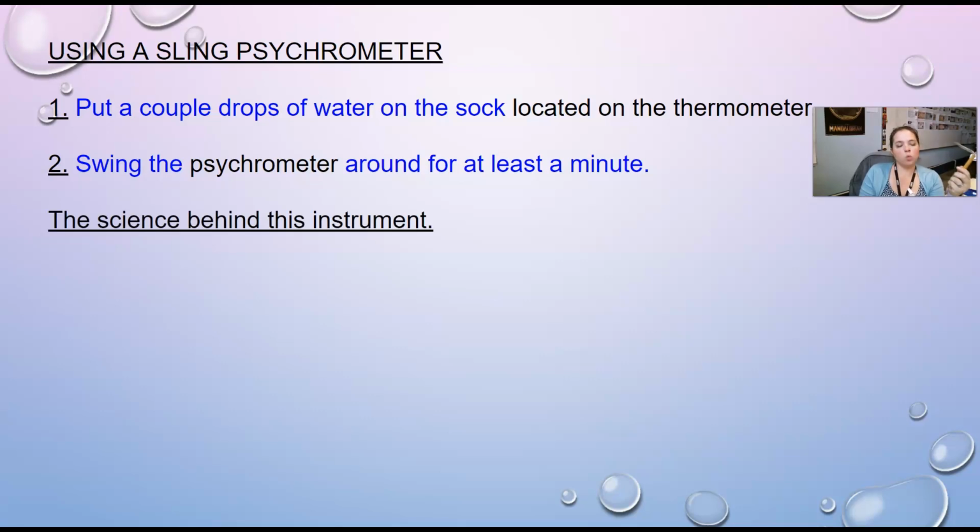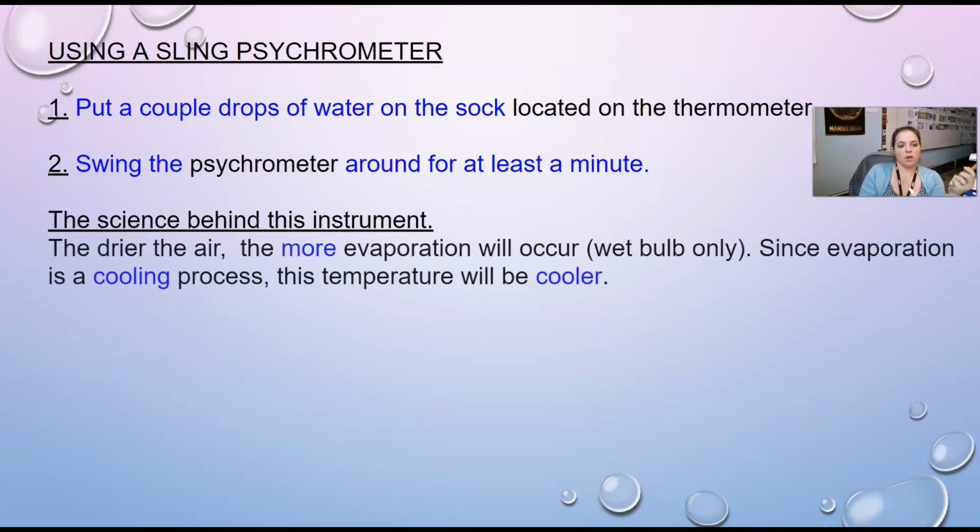So what is going on with this that makes it work well? Well, the drier the air, the more evaporation will occur. That's on the wet bulb only. Since evaporation is a cooling process, remember the curve that I showed you, evaporation cools stuff down. It sucks energy out of whatever's there.